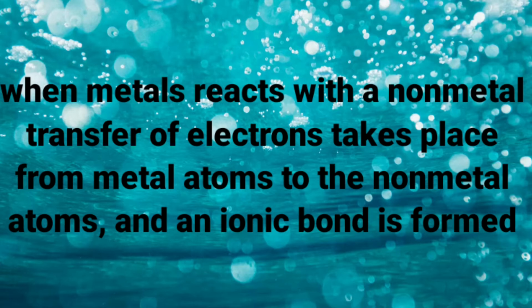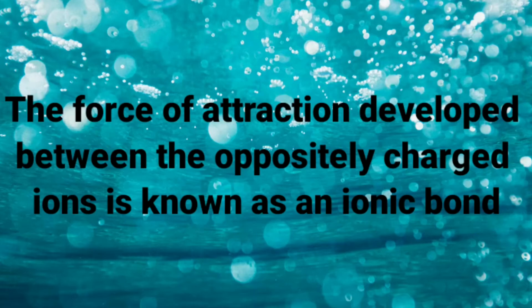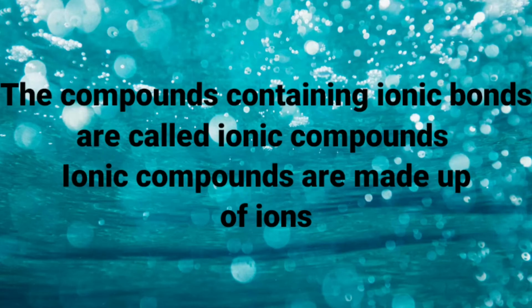So by transfer of electrons from metal atoms to non-metal atoms, ionic bond is formed. And the force of attraction between the oppositely charged ions is known as ionic bond. And the compounds containing ionic bonds are called ionic compounds. You all understood, children? And ionic compounds are made up of ions or charged particles.